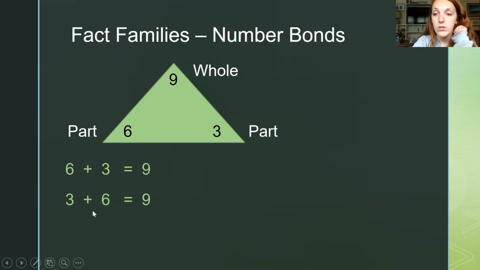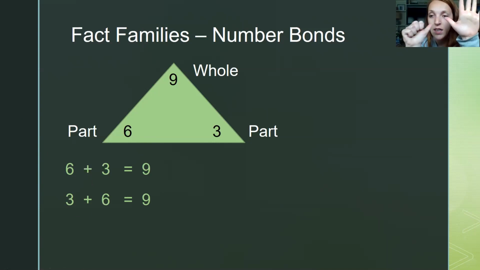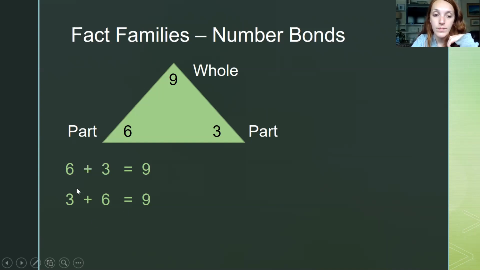I can change these 2 numbers and put them in a different order. Here's 3. Here's 6. And here's 3 more. Or I could do 3 and 6 more. But both times it's going to equal 9.